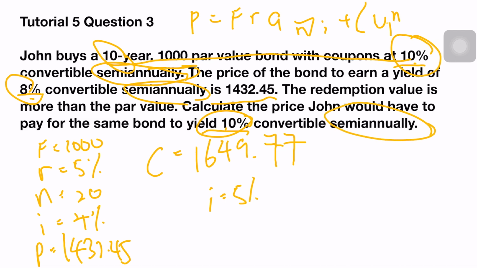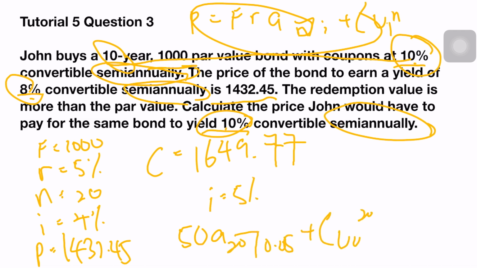So also we plug in all the figures to this formula, then you can get this. The P will be 1,244.89. This is the second P.